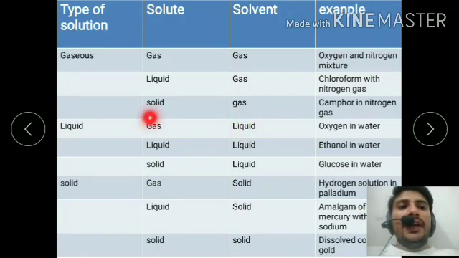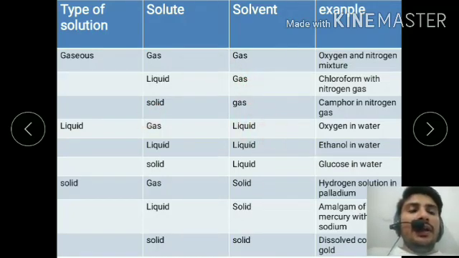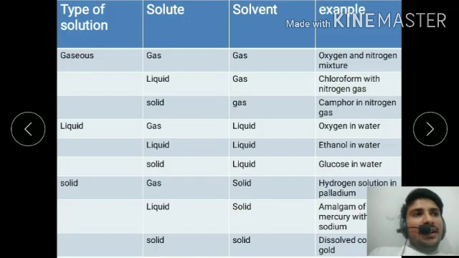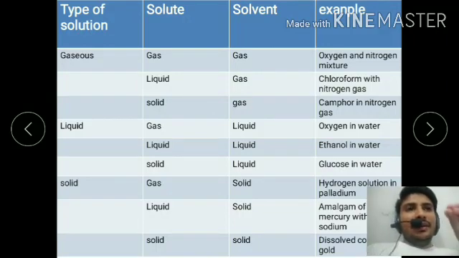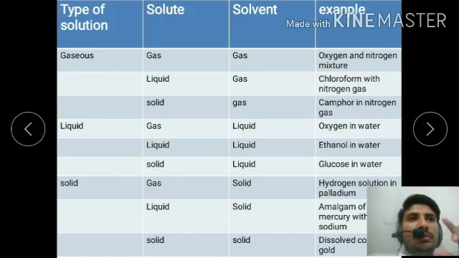When a gas dissolves in a liquid, example: oxygen in water. There are many examples of gases dissolved in liquids. For example, soft drinks like Pepsi, Thums Up, and Coca-Cola contain CO2 gas. That's why they are liquid solutions.